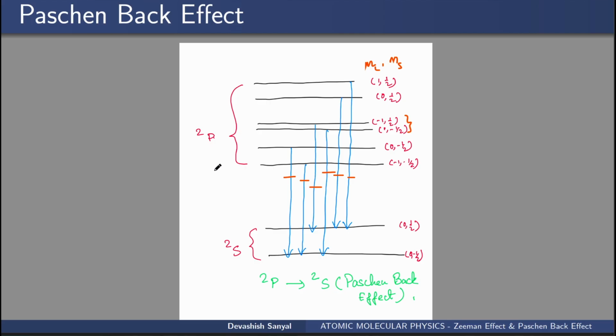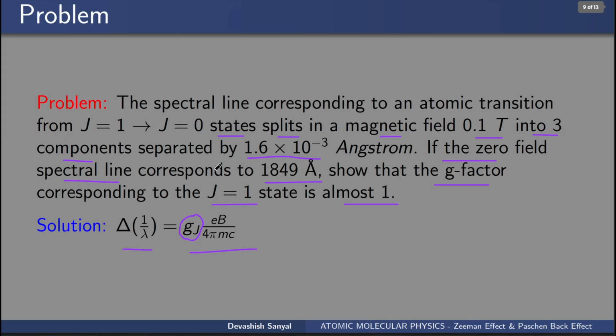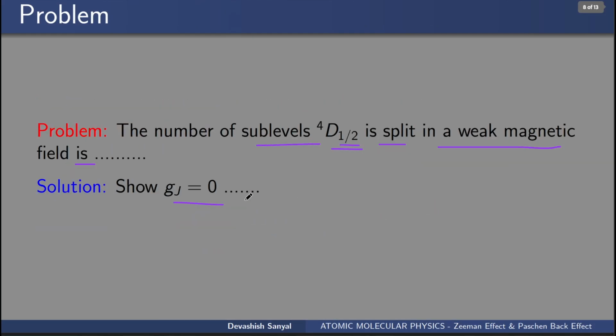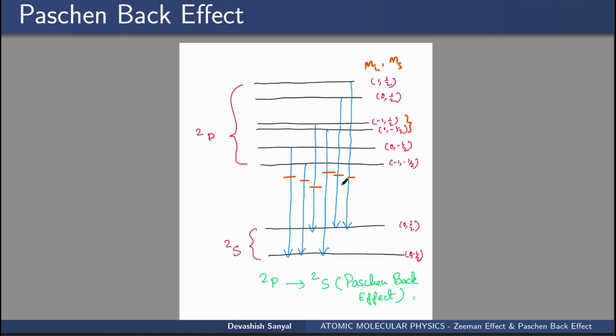Initially, from 2p half, we had 2 transitions, D1 and D2. Now, because of the Paschen Back effect, we have 6 transitions, and you can draw these 6 transitions yourself.